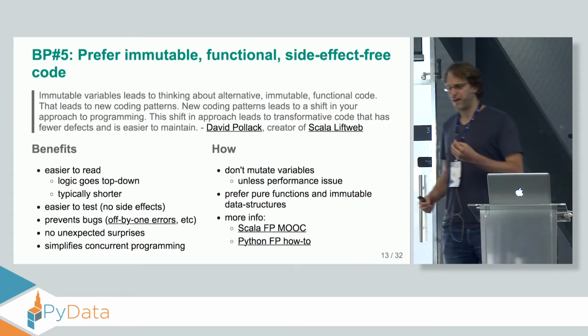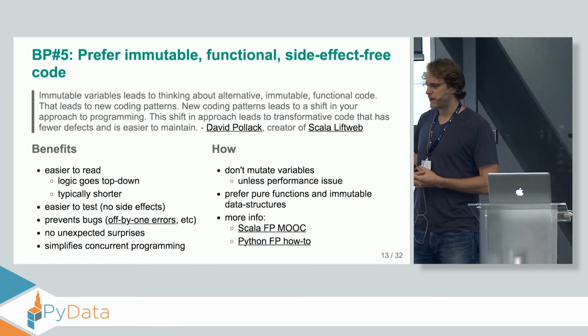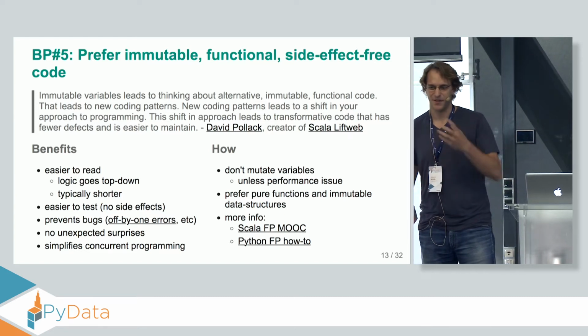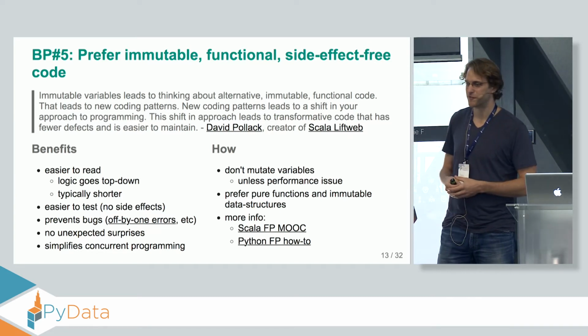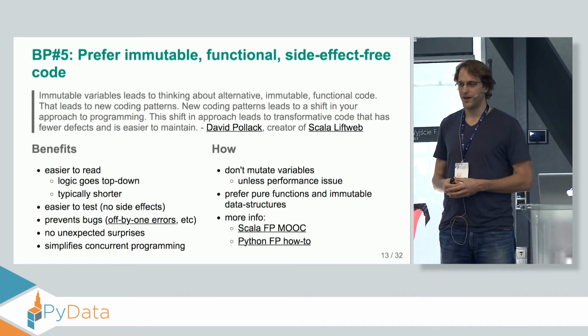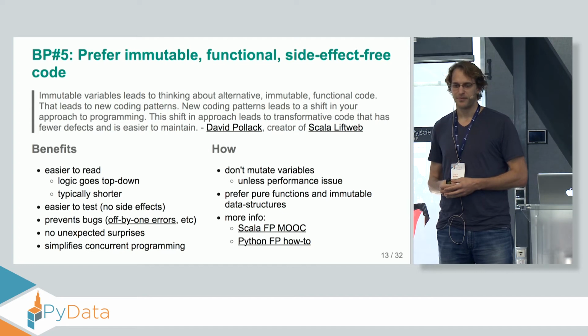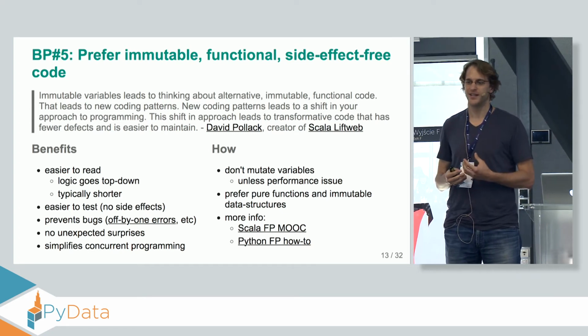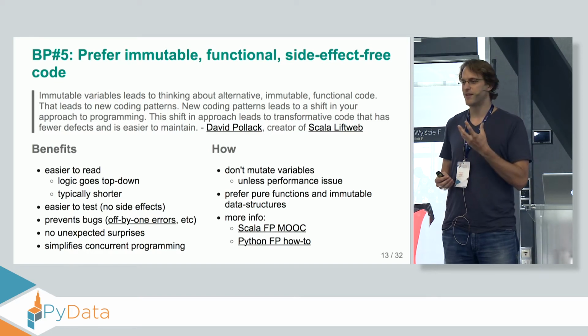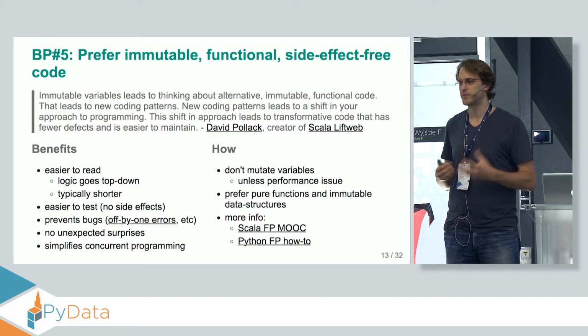I always thought that functional programming is something to be used in Haskell and these academic languages. When I studied, Haskell wasn't used in industry at all. And it took me a while to realize what this functional approach really is. And it's not related to a language. You can write functional immutable code in any language possible.